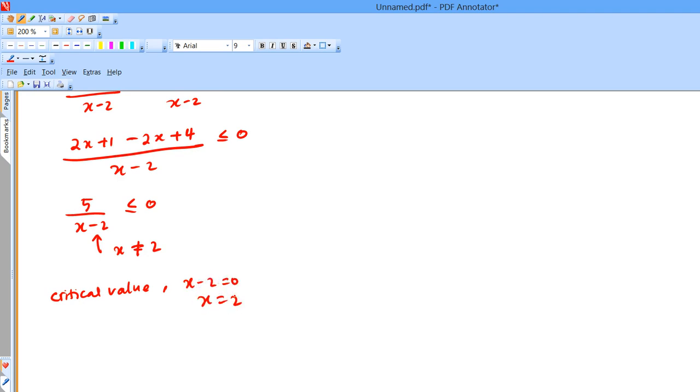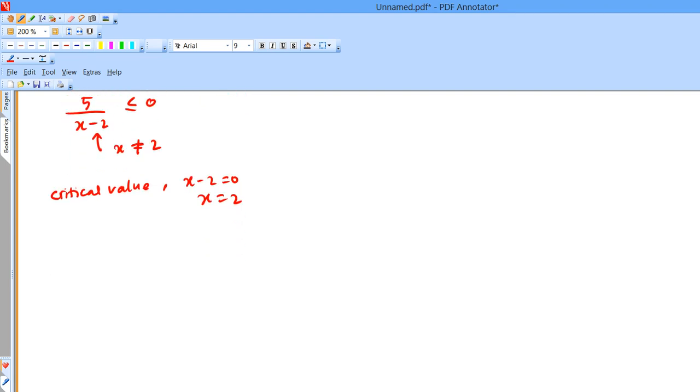So we just have one critical value, that is x = 2. From this critical value, we can form intervals. We have two intervals: the first from negative infinity to 2, and the second from 2 to positive infinity.